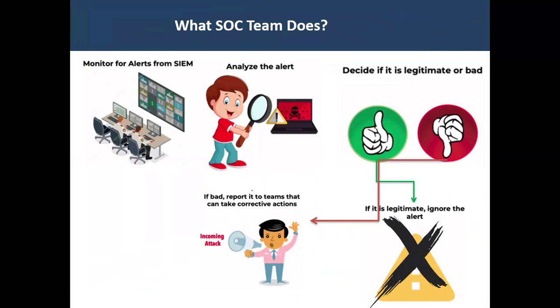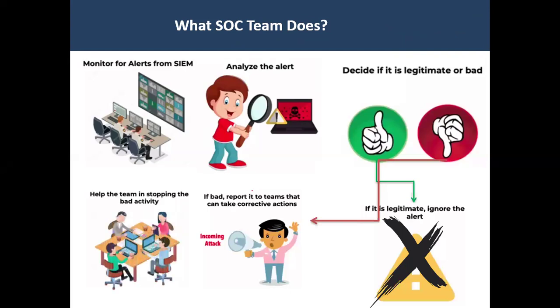Based on that, the response needs to be done. If it is an incoming attack, they need to interact with the team to stop those bad activities and apply policies so they do not do these activities again, which could lead to cyber crime. I believe you got that. This is how the operations will take place.